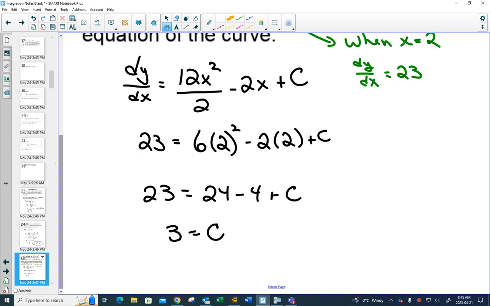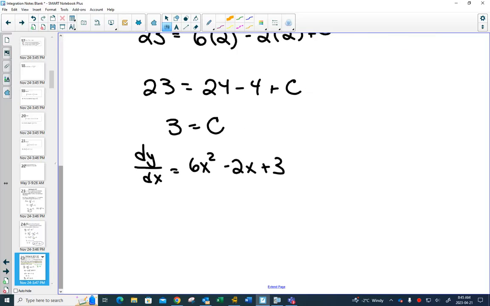And I can solve for c, which allows me to say that my derivative equation is 6x squared minus 2x plus 3. And now to find my original equation, I'm going to have to integrate again.